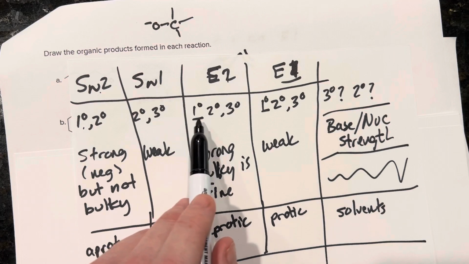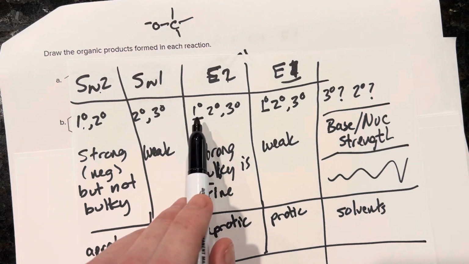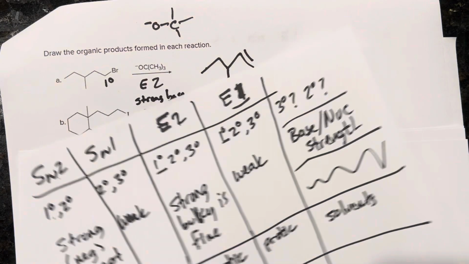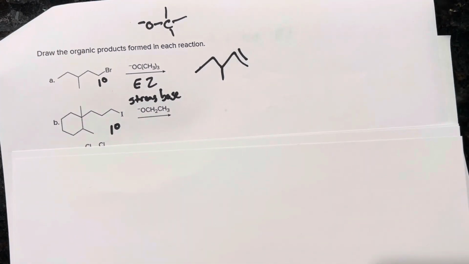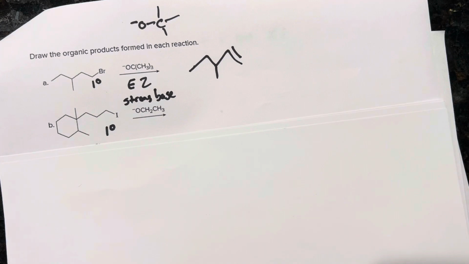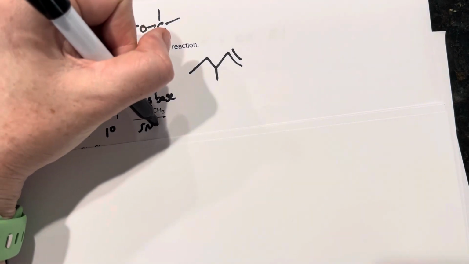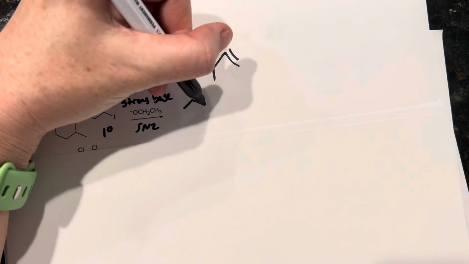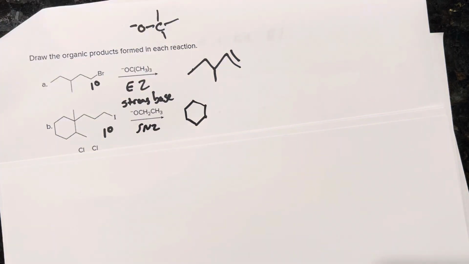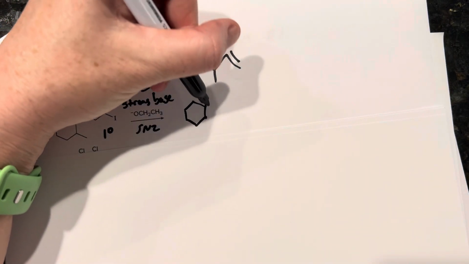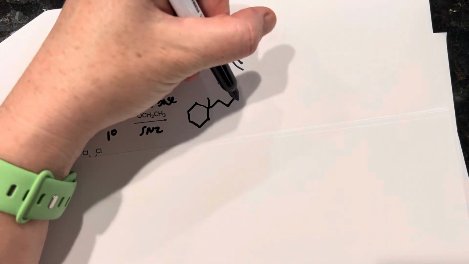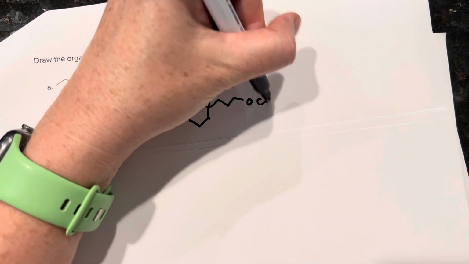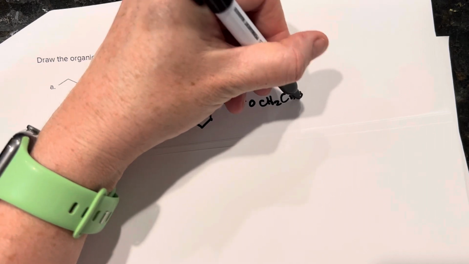But E2, anytime it has a choice, it prefers not to go primary. And because of that, you will get the SN2 reaction here. And we'll just attach it to an O, CH2, CH3.